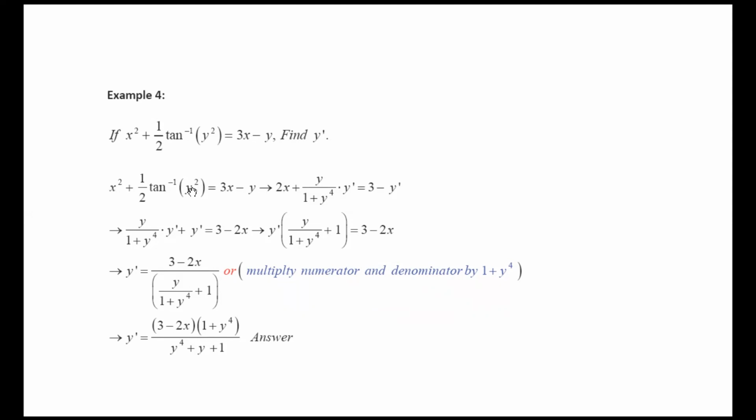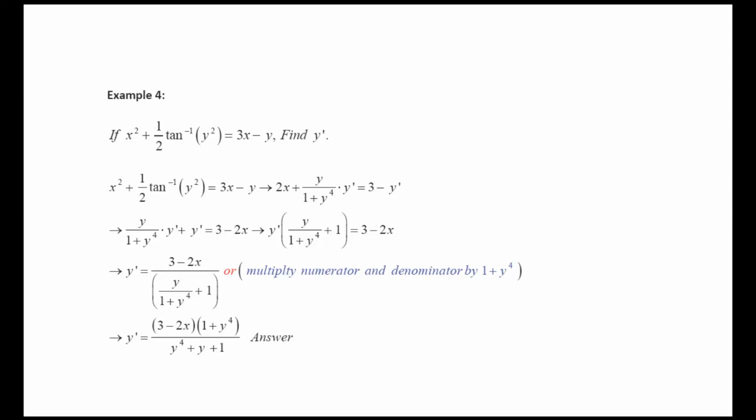The derivative of this quantity is going to be, well, the derivative of y squared is 2y, but notice we have a 1/2 in front, so we take 1/2 of 2y and call this y, over 1 plus y squared squared, which is y to the fourth. Now this is a y term, so put a y prime with it. The derivative of 3x is 3, the derivative of y is 1 with a y prime.